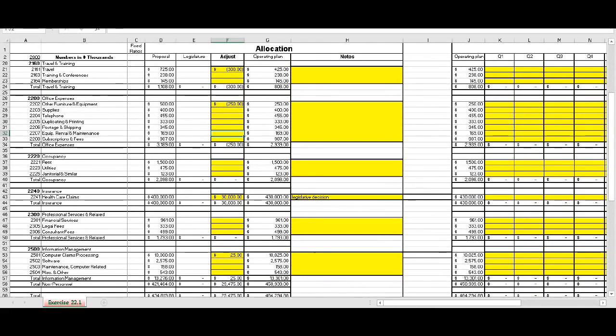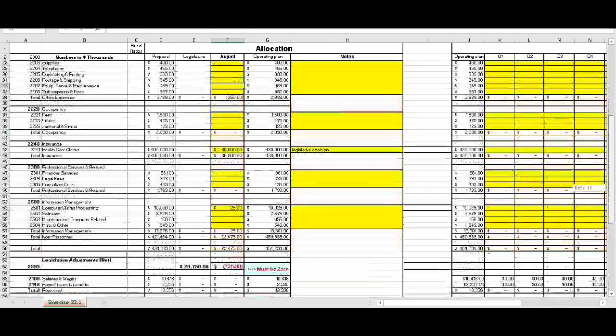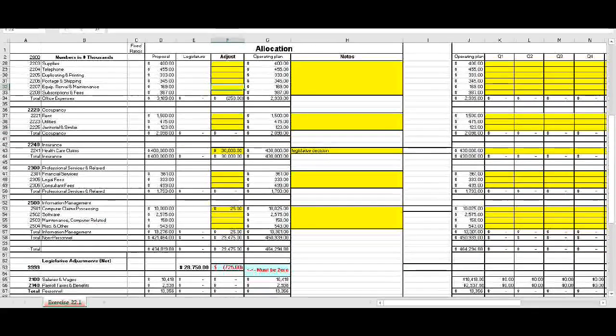Hard telling what you can do with that. Keep looking for things. Consultant fees, maybe you can cut your consultant fees. And remember to put these in parentheses so that they're treated as a negative. You can also just enter them as a negative and it'll stick it in that way.